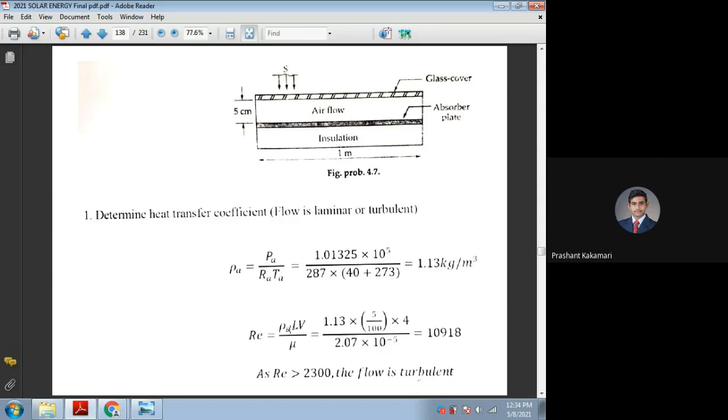Density for gases can be found out by taking this relation: rho into RT equal to P. Or I can say density for given air can be found out by using P by RT. P is given, 1.01325 bar.